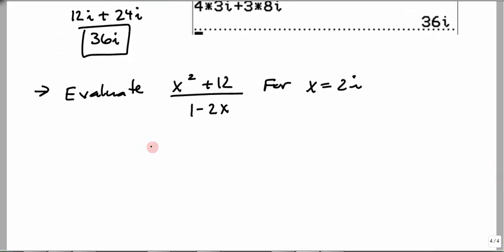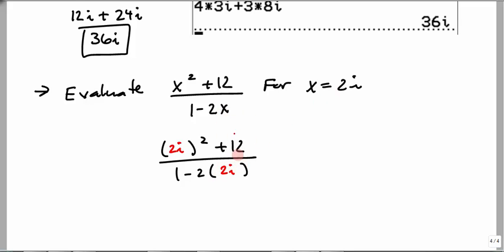So that means basically everywhere that you see an x, you're going to plug in a 2i. So here we have x squared, x is 2i; 1 minus 2x, x is 2i. So I plug it in here, and I simplify. So 2i times 2i, 2 times 2 is 4, so I have 4i squared plus 12.